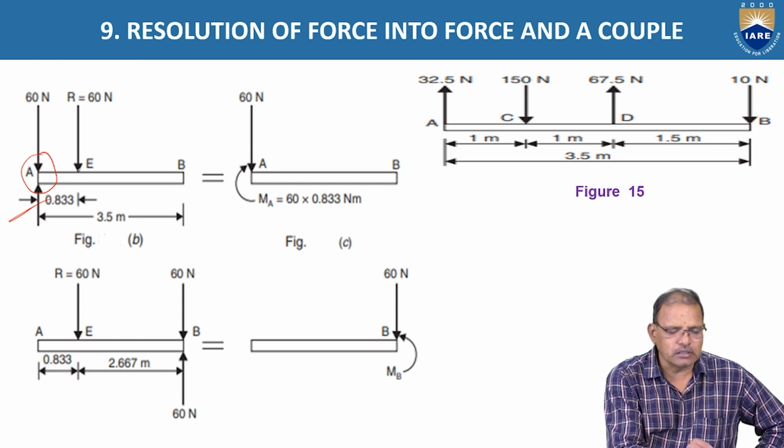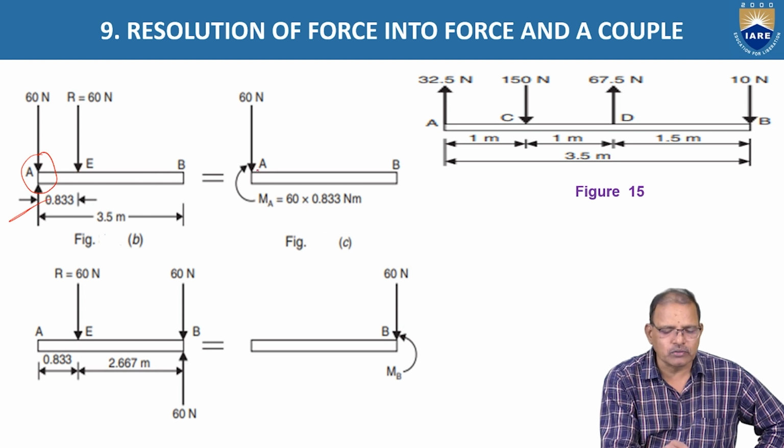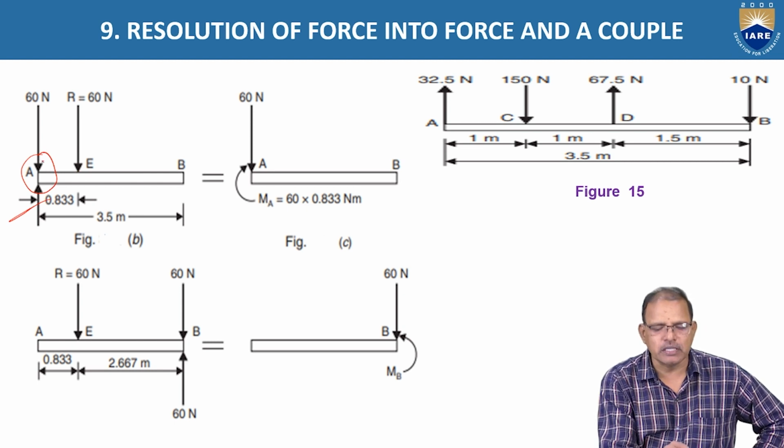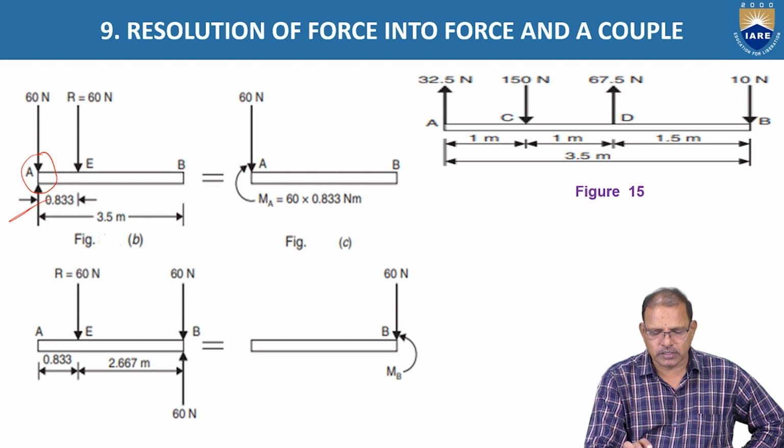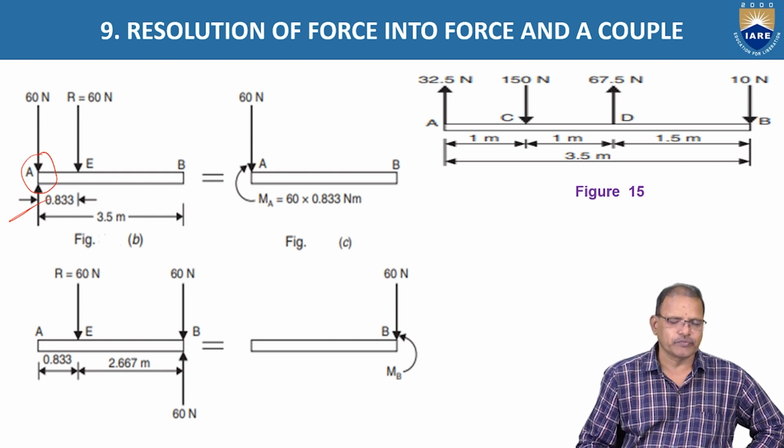That means this force can be shifted to point A by adding a force of the same magnitude in the same direction, with the addition of a couple which is equal to 60 into 0.833 newton meters.